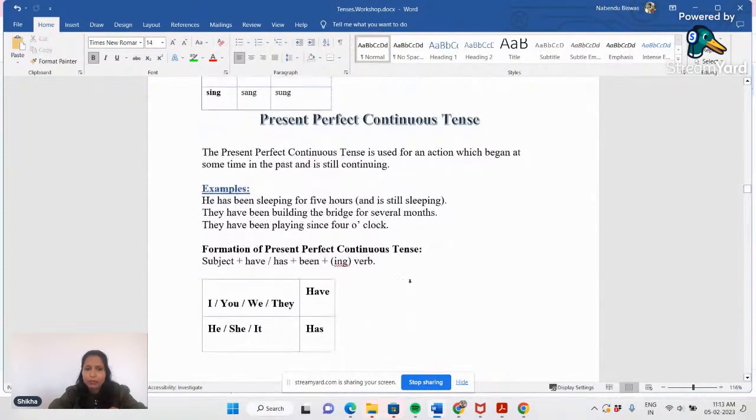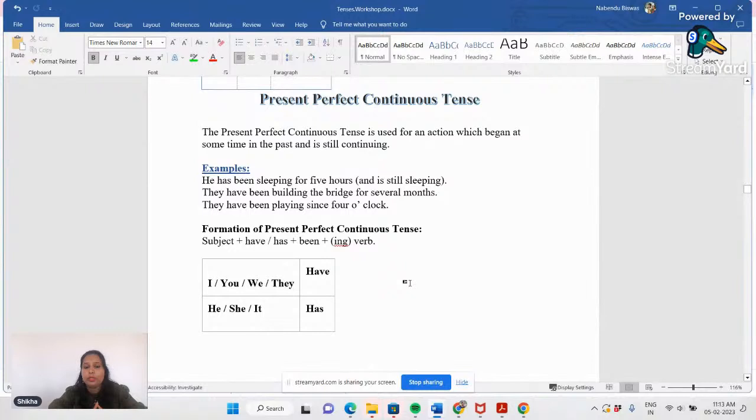Okay, and then we also spoke about present perfect continuous tense. So present perfect continuous tense is used for an action which began at some time in the past, and still is continuing. For example, he has been sleeping for 5 hours. Okay, that means 5 hours back he started to sleep, and now also he is sleeping. So what is the structure of the sentence?